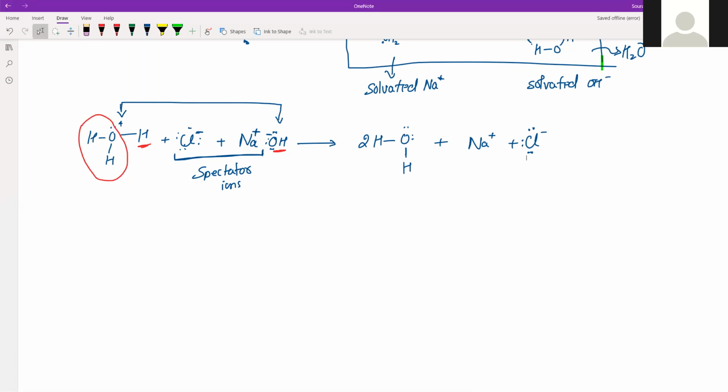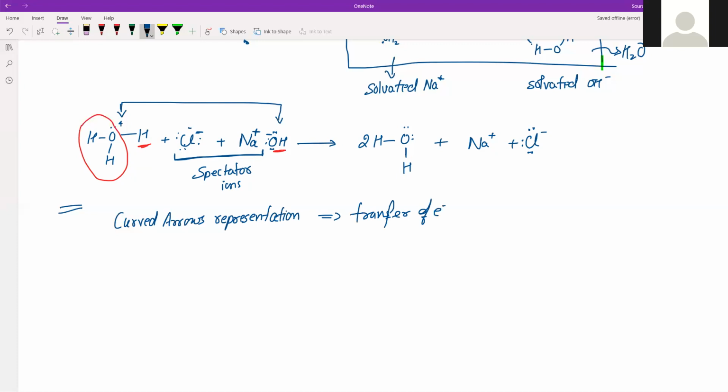Now what we are going to learn here is the transfer of electrons and how to represent it. That is represented as the curved arrow. That is called curved arrows representation. And what does it represent? It represents transfer of electrons.